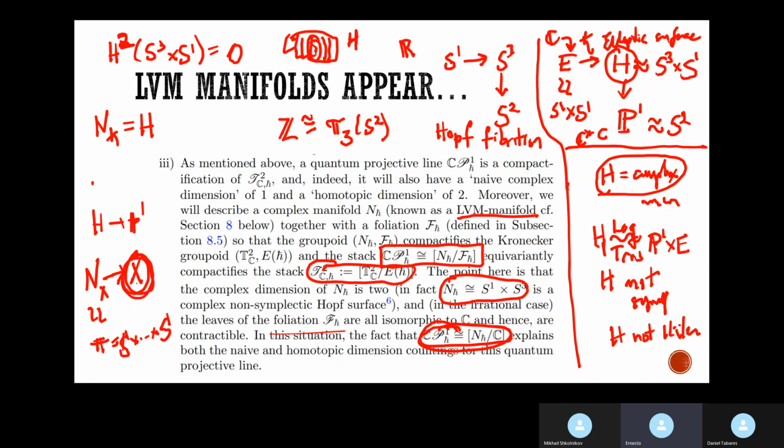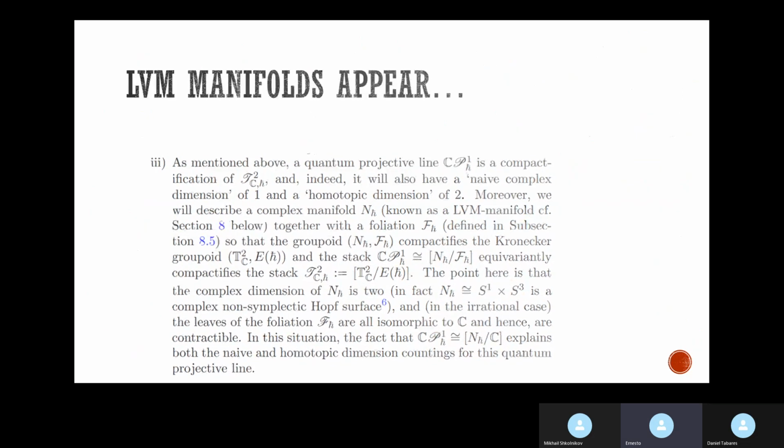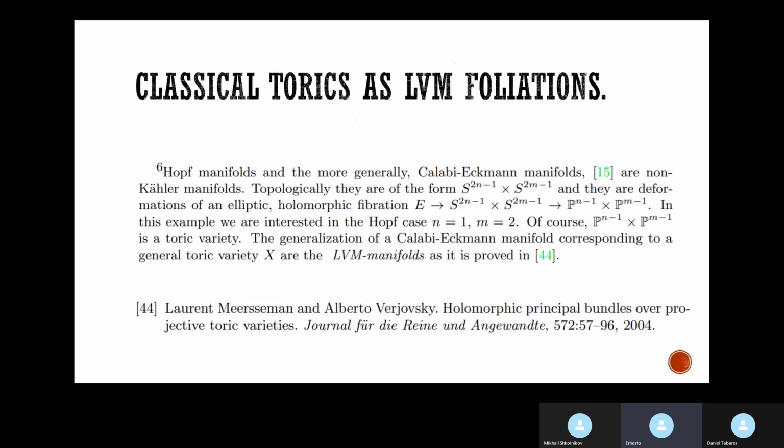But anyway, this is the scheme for quantum P1. Now, this scheme translates very well to the classical story for another famous example, taking the toric variety P^(n-1) cross P^(m-1), and on top of this we get the Calabi-Eckmann manifolds.